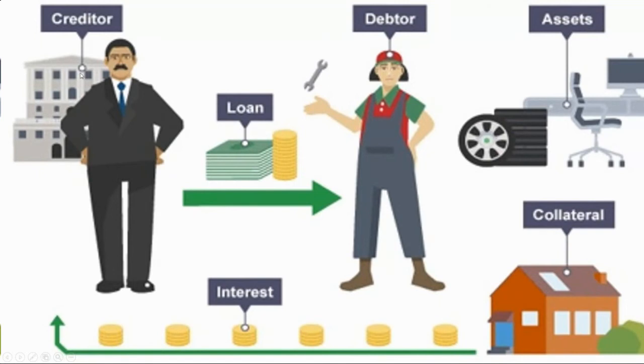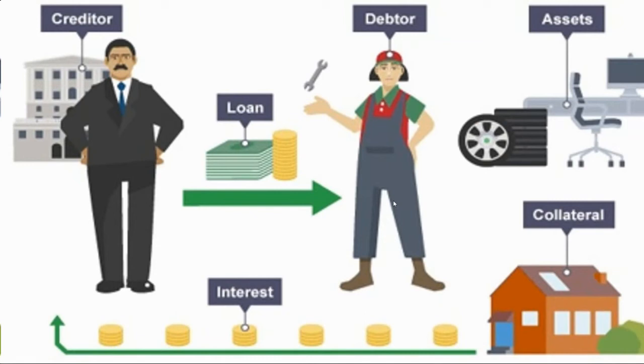back to the creditor. In this case, the mechanic is your debtor because they received a loan and they will repay it at a later stage. Whereas the creditor is the bank. They've given you that money and you will repay them at a later stage.